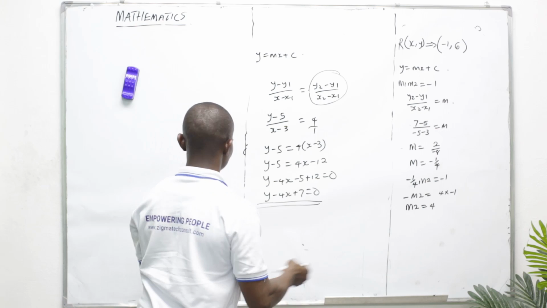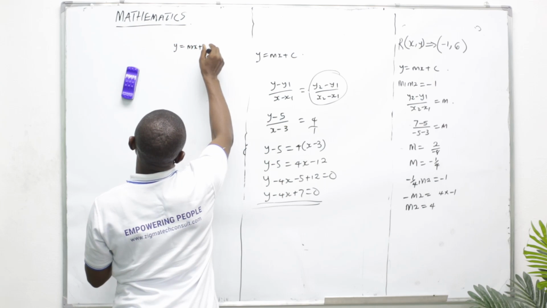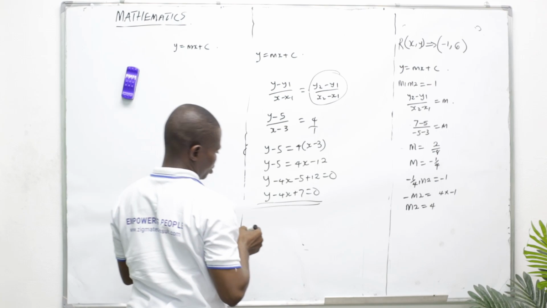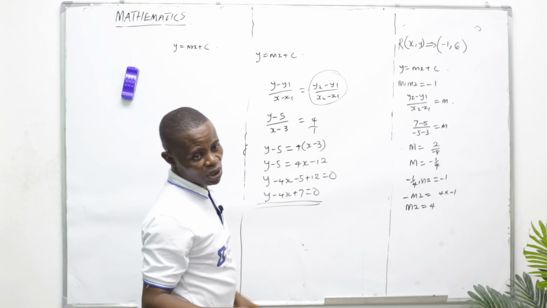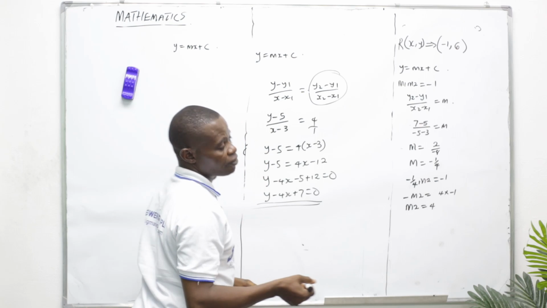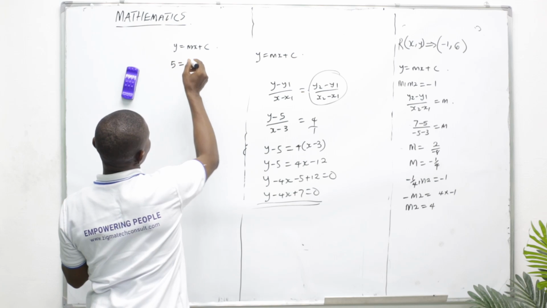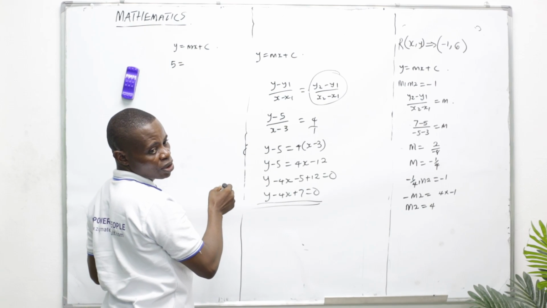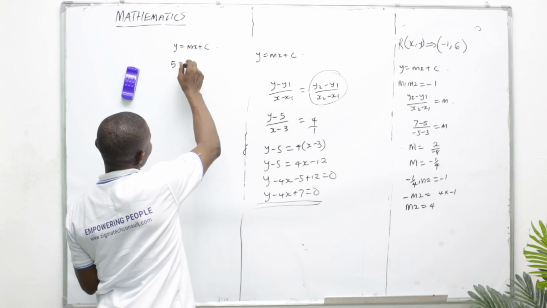So how do you do it? y equals mx plus c. We are going back to the first point where y is 5, I'll write. M is 4, our gradient, I'll write.